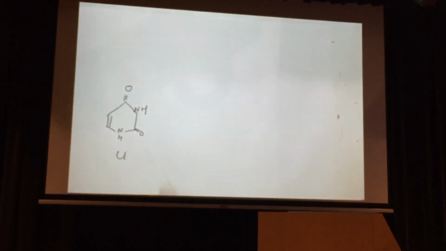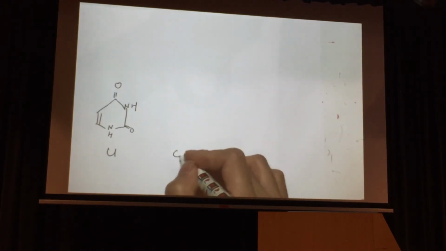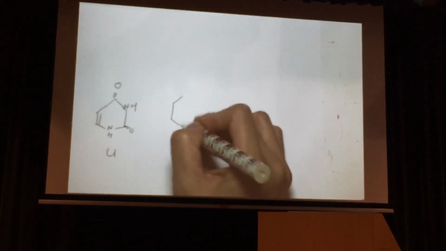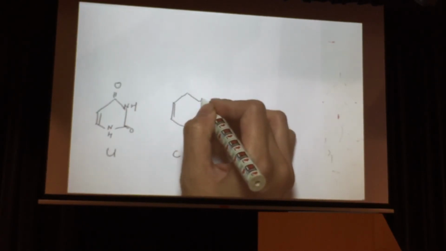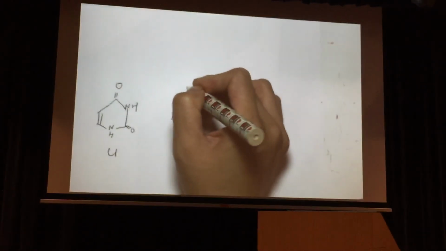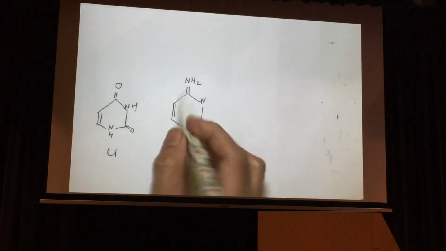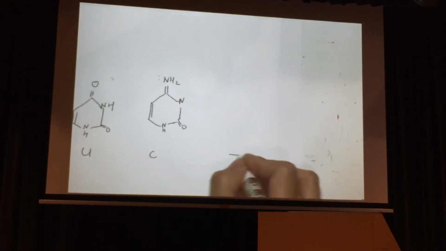And this is uracil, which we have seen in RNA. And this is cytosine. Cytosine has an NH2 over here. See the difference? This is C. And then finally we have T.